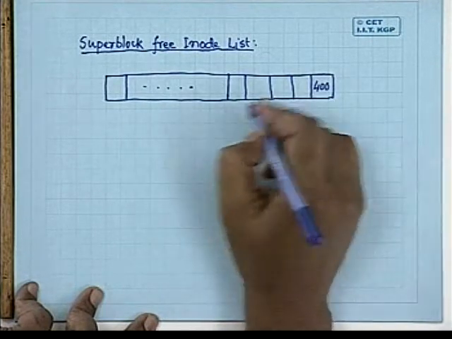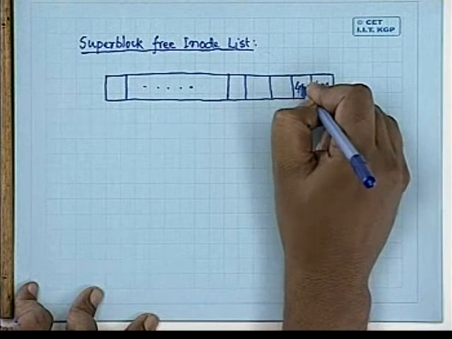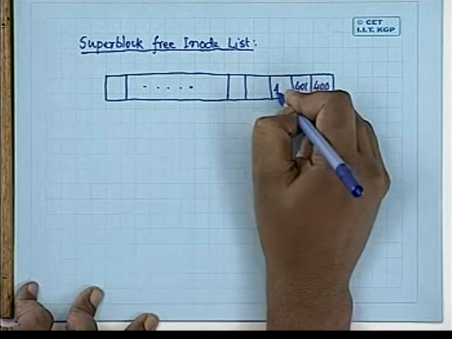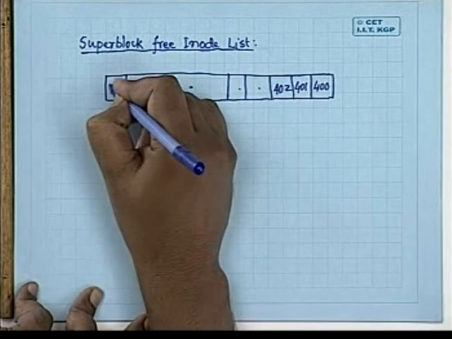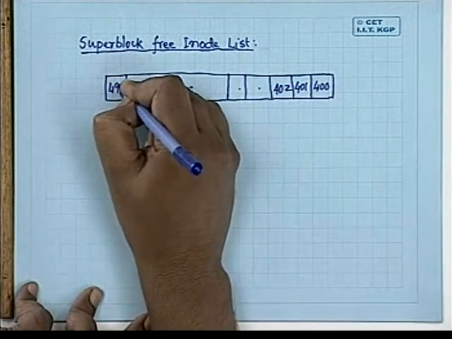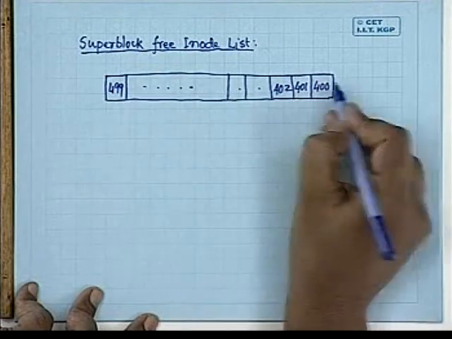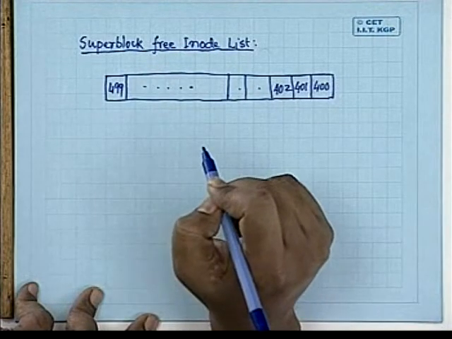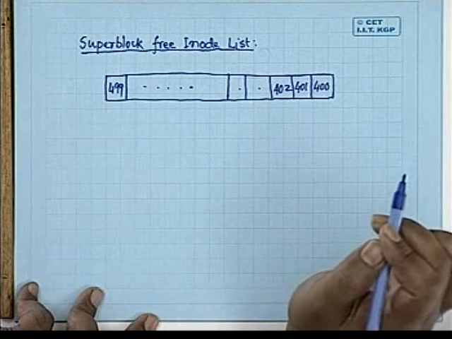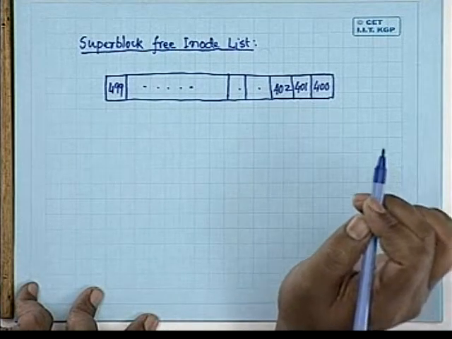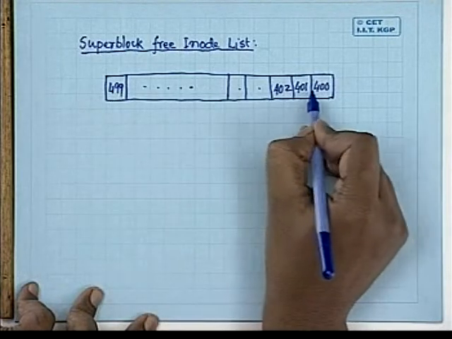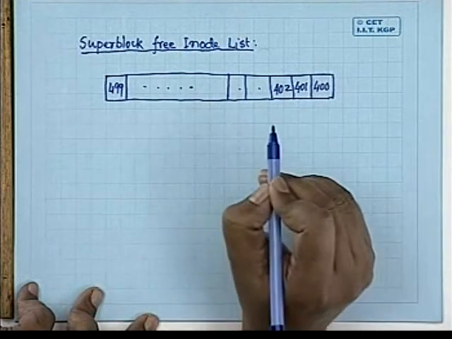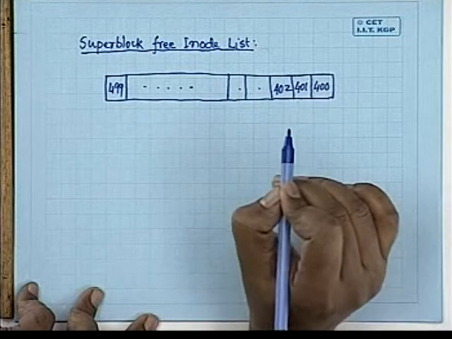So this is 400, this one will be 401, this one will be 402, so like this it will continue, and suppose here the inode number is 499. If I assume that the superblock free inode list contains a list of 100 inodes. Okay. So it will look like this, and all the entries in the superblock free inode list are currently full.